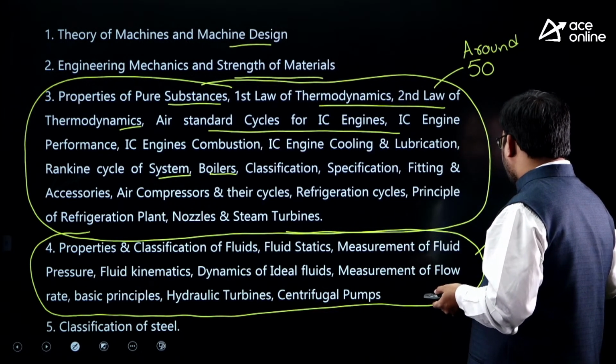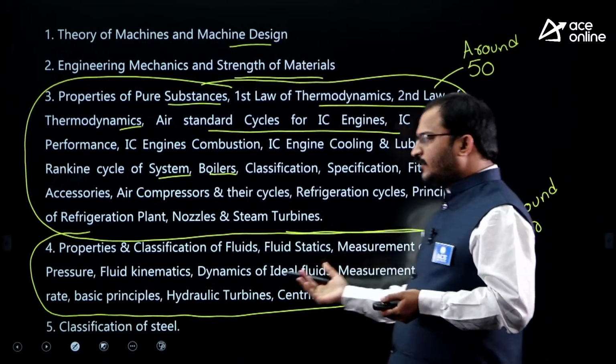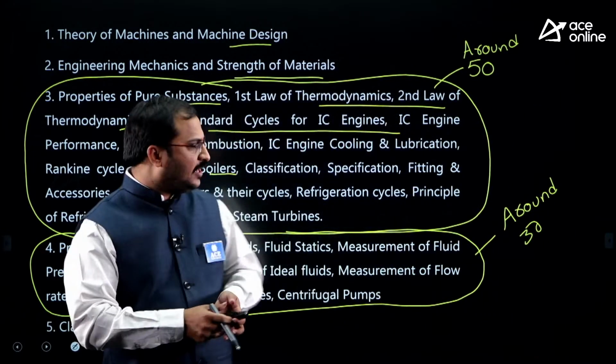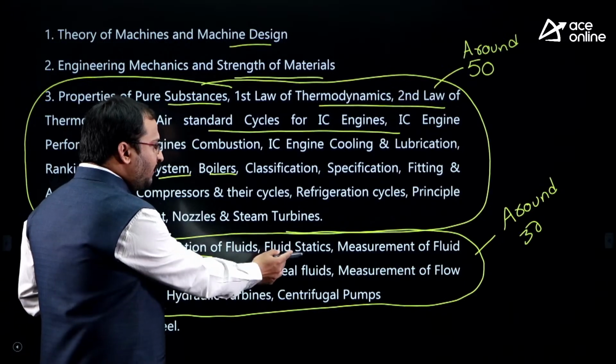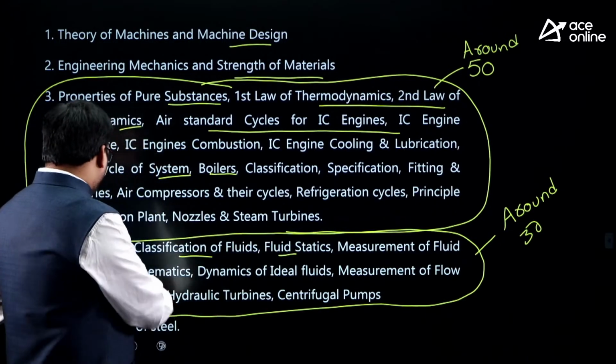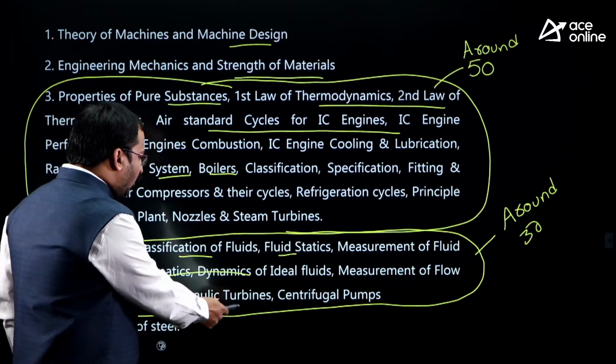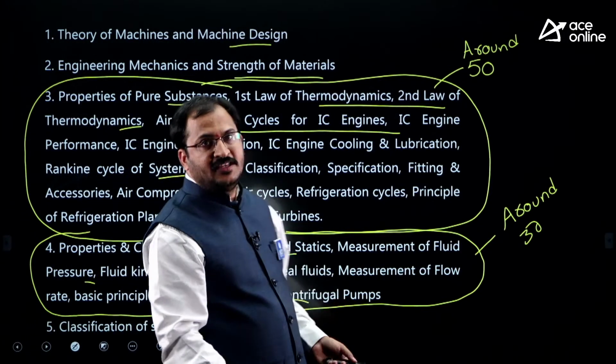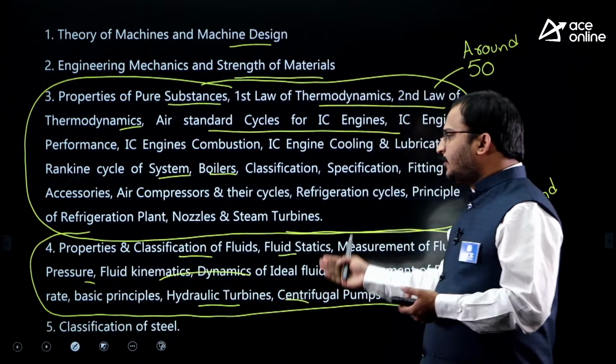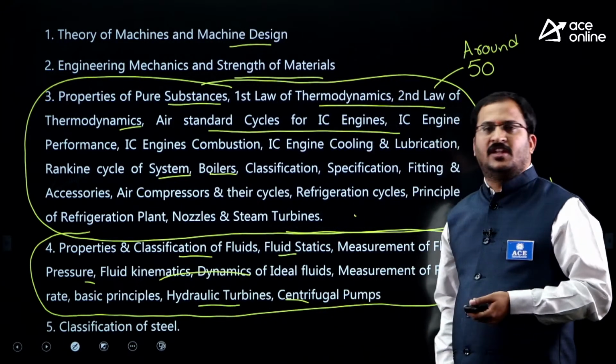So around 30 marks for this fluid mechanics. You can observe that properties of fluids is there, fluid statics, measurement of fluid pressure, fluid kinematics, measurement of flow, hydraulic turbines, centrifugal pumps, all these are there. So this is all the fluid mechanics and hydraulic machinery part.